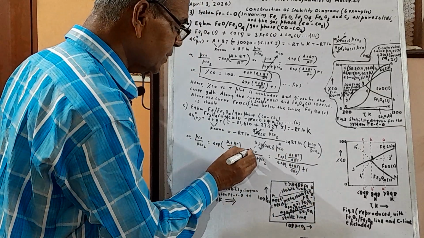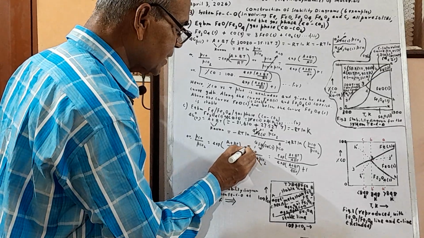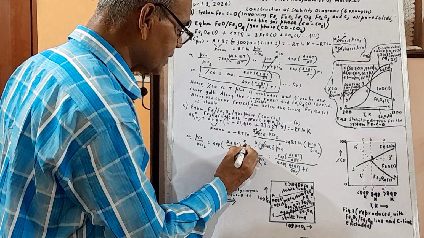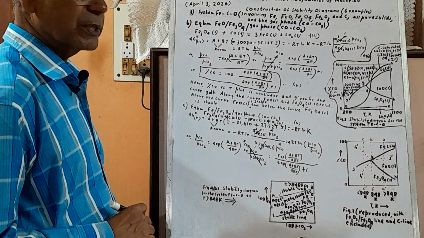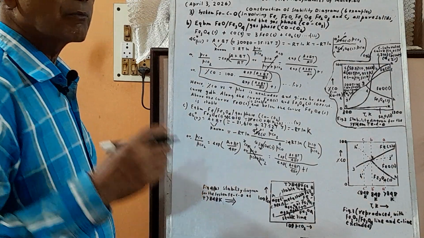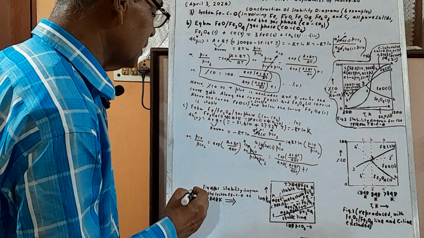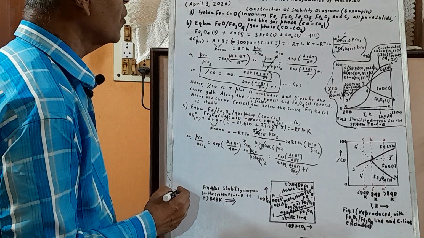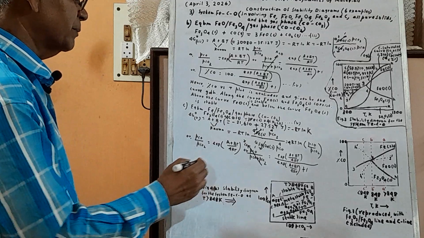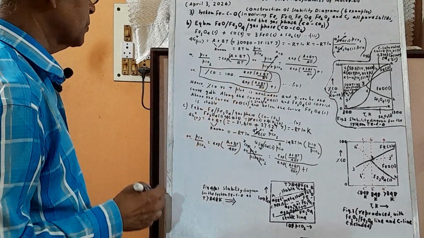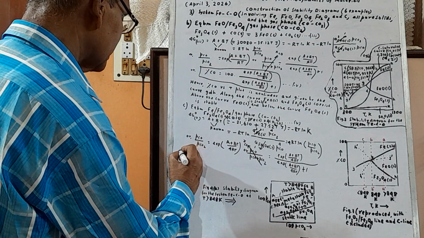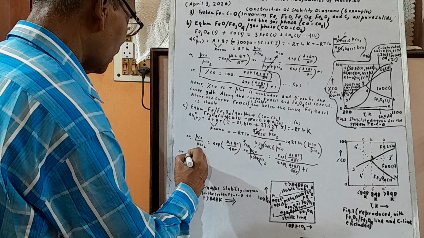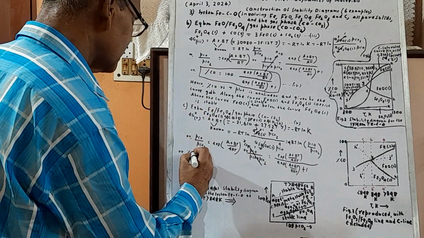This is known as what? Tell me: XCO, the mole fraction of CO, or mole percentage CO. Let me write here percentage CO like this.